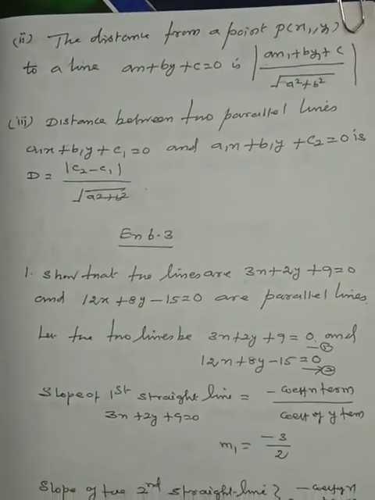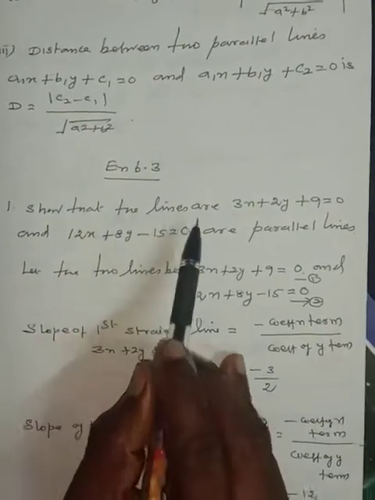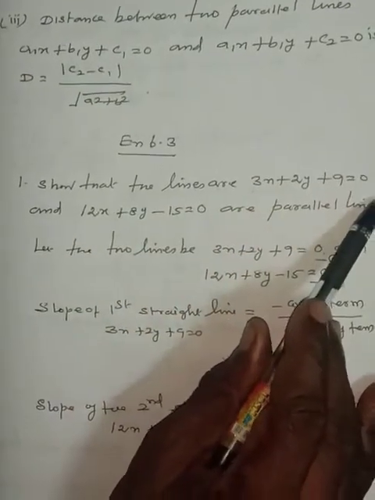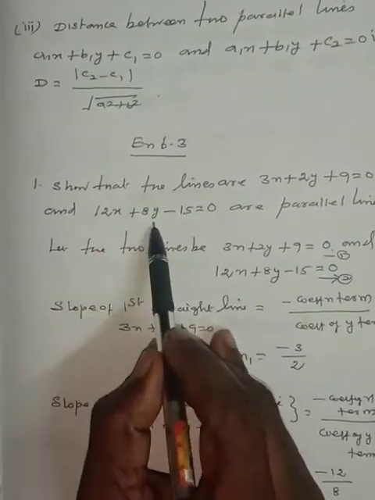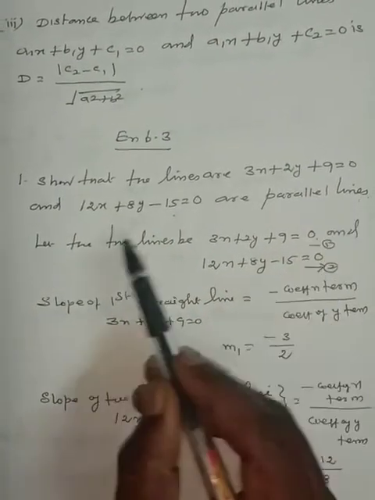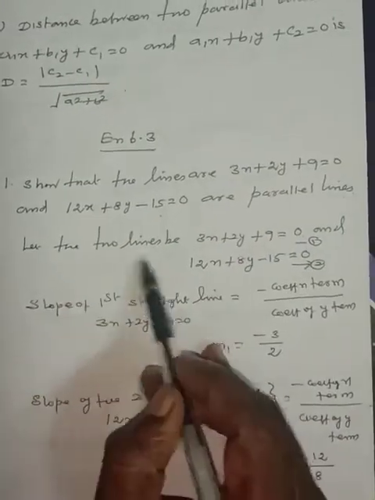Now exercise 6.3, sum number 1. Show that the lines 3x plus 2y plus 9 equals 0 and 12x plus 8y minus 15 equals 0 are parallel lines. First, let us take the two straight lines.